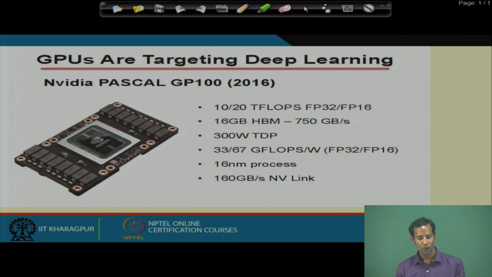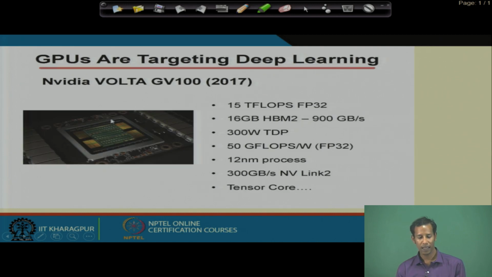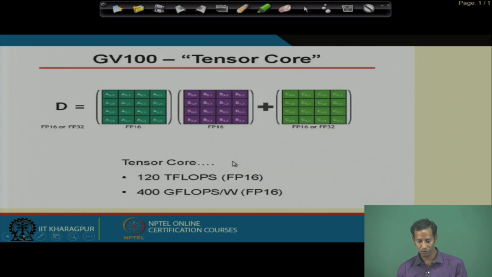Then we have the NVIDIA Pascal, another example of a deep learning processor, also made in a 16 nanometer process. Then we have the NVIDIA Volta, which also can do deep learning, made in a 12 nanometer process technology node.